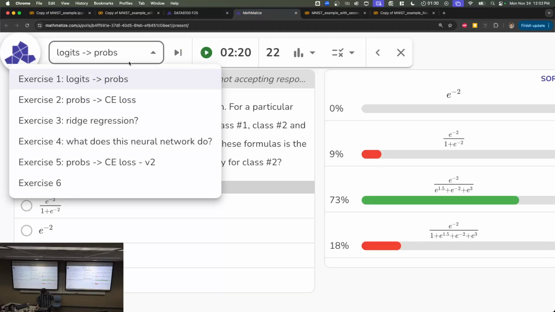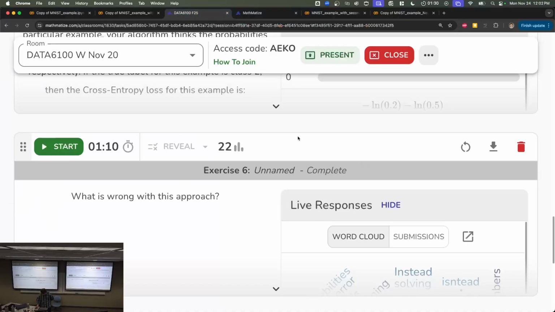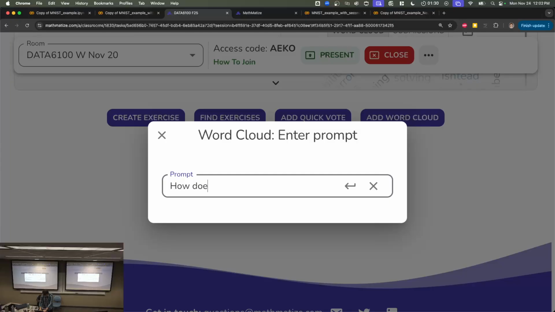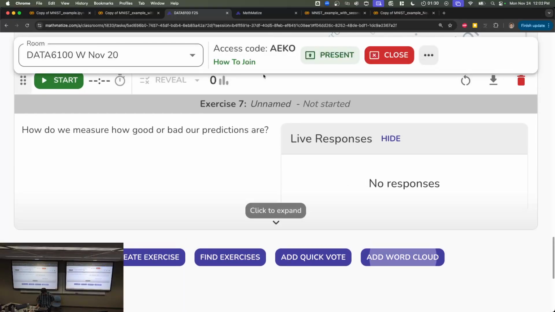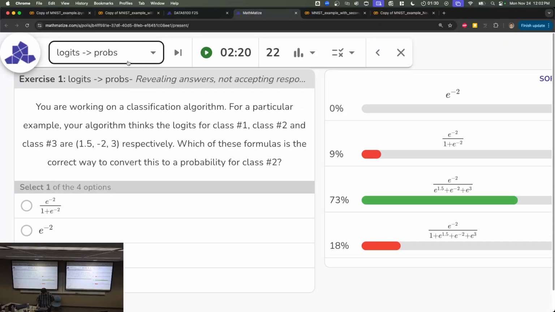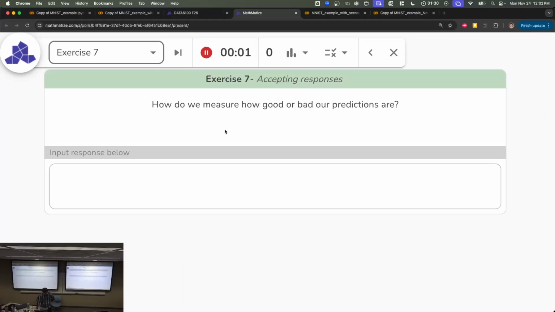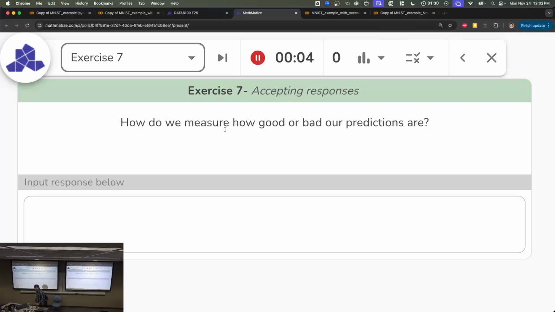Actually, why don't I do a word cloud. How do we measure how good or bad our predictions are? Remember, we are doing classes here. That's live, or it should be live. Do we have to press a button? Did it explode? Oh, okay, start. We're going to start with the words, and then we'll get into math.